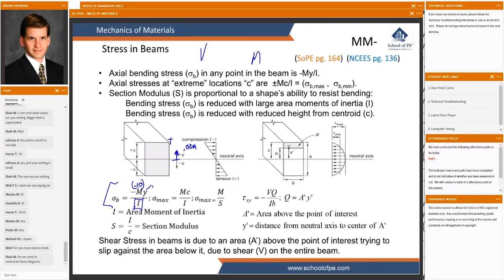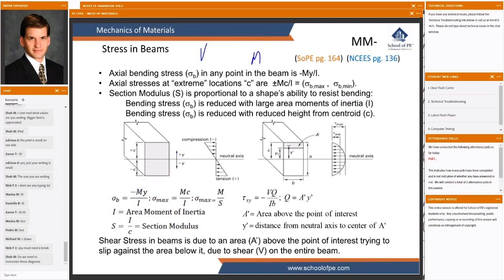What I'm trying to do here is justify the presence of this negative sign. If the moment is negative and the y value is positive, that's going to give us tension, which is a positive bending stress, so we have to put a negative in this equation.